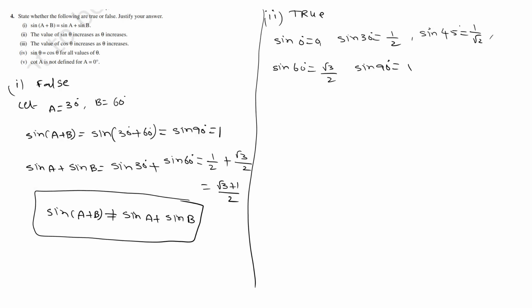So as theta is increasing, we are getting 0, 1 by 2, 1 by root 2, root 3 by 2, 1. So theta is increasing and the sine value is also increasing here. So that's why it is true.